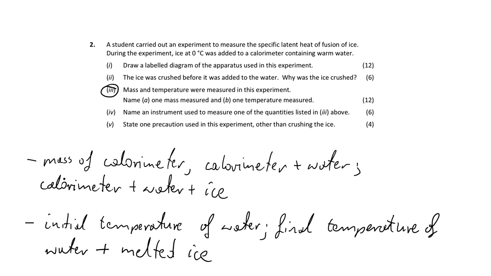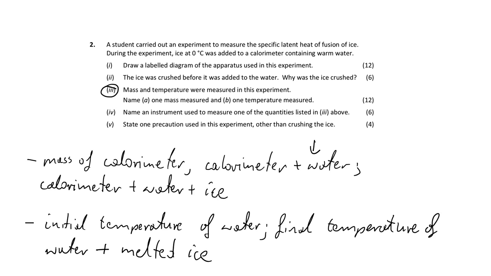So the masses that are measured are the mass of the calorimeter, that's the empty calorimeter. We also need to know the mass of the calorimeter and water, which is required in order to find out the mass of water on its own. And finally, we need the mass of the calorimeter with water and melted ice.